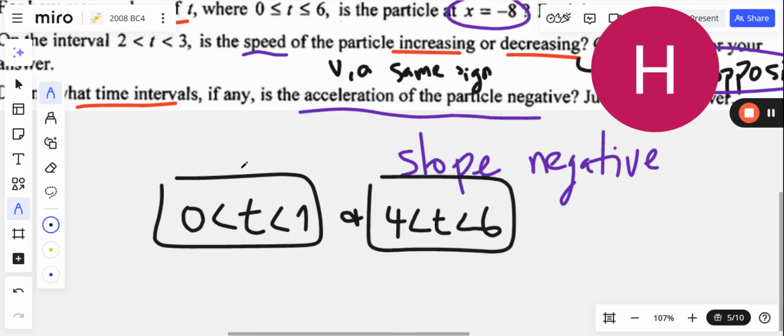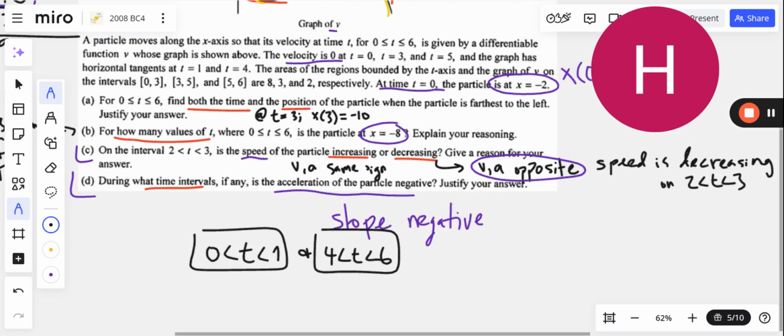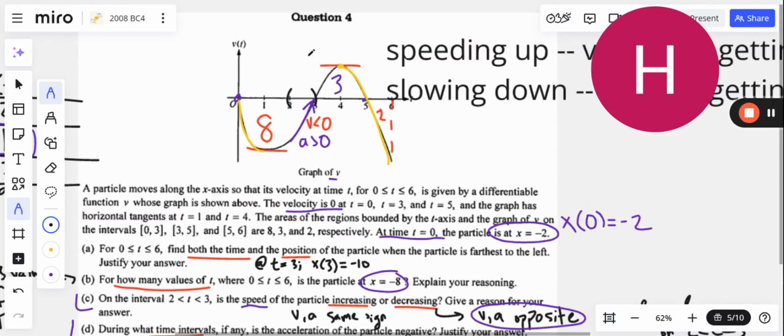Really easy question here, guys. This is like a particle motion question, but it does have you understand the connection between the derivative, the integral, using the velocity, position, and acceleration. So they've given us a graph of the derivative of the position. We have to figure out the position by using these areas, which they graciously gave us.